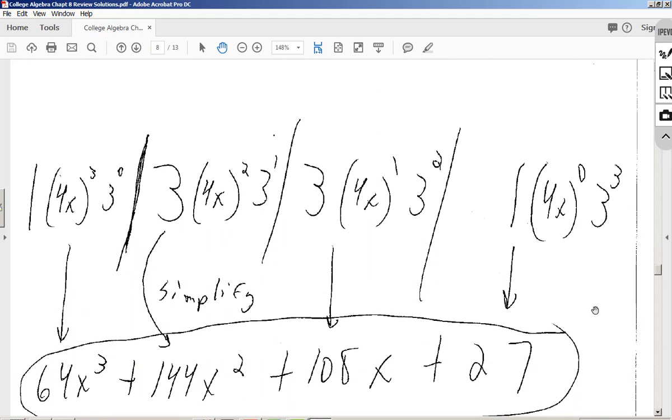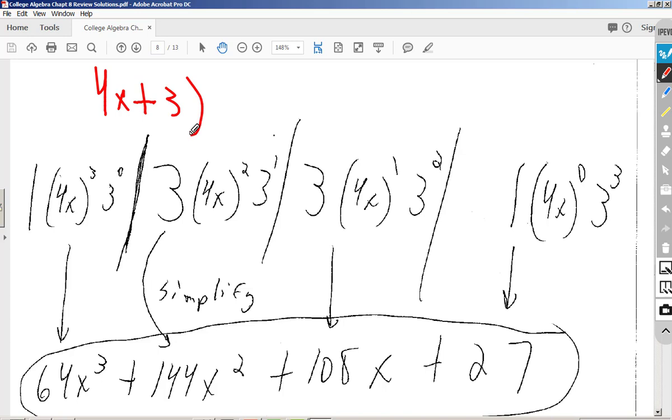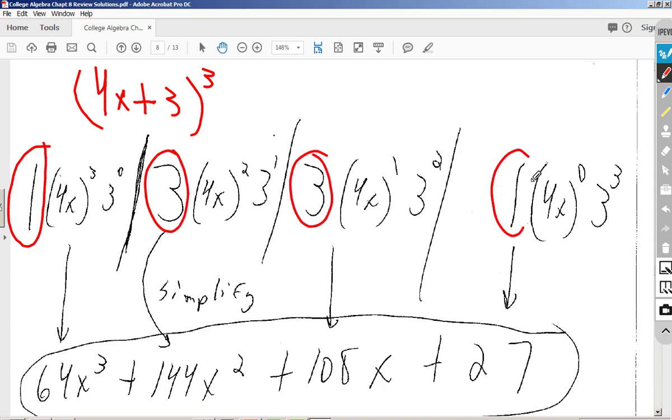So now putting this in expansion, you're going to notice my equation was 4x plus 3 all to the third power. So here are my coefficients from Pascal's triangle: 1, 3, 3, and 1. And now my first term, which is 4x, is going to start at the leading power and descend.